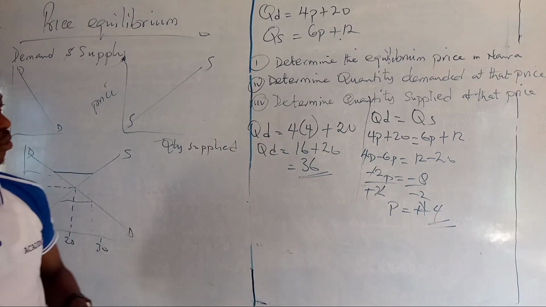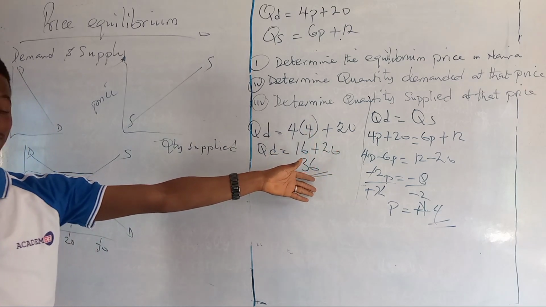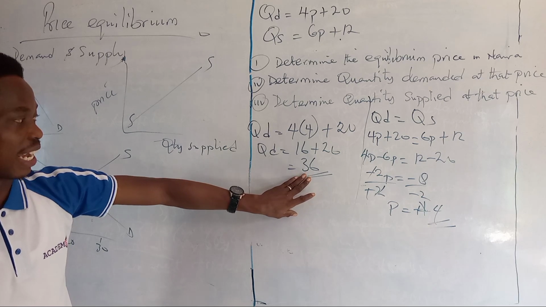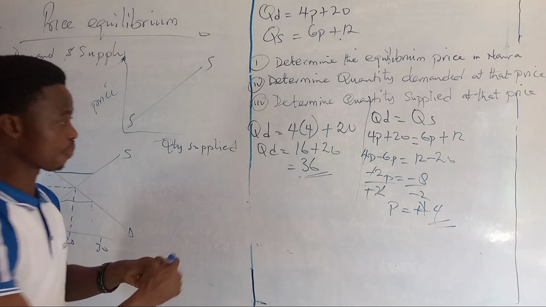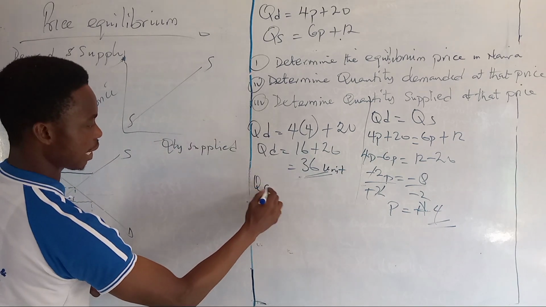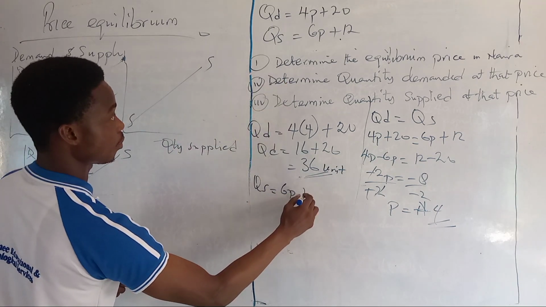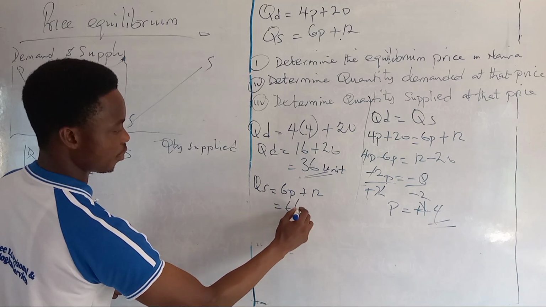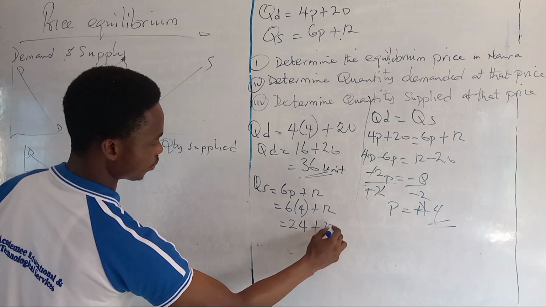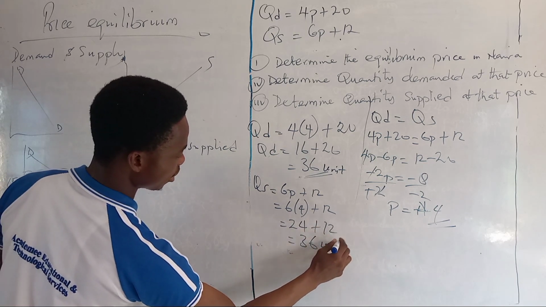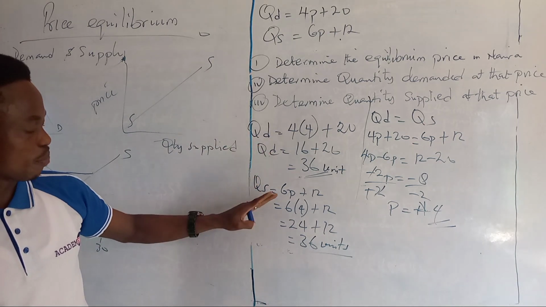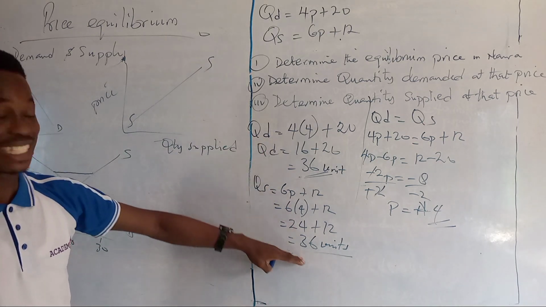So that 4 naira is what we speculated the other time. We used 4 naira and got a quantity demanded of 36 units. Then for the quantity supplied, which is 6p plus 12, let's slot in 4 naira, so that's 24 plus 12. You can see that is 36, which means the quantity supplied and the quantity demanded at this point are the same.